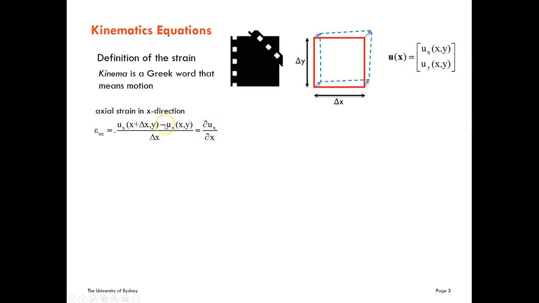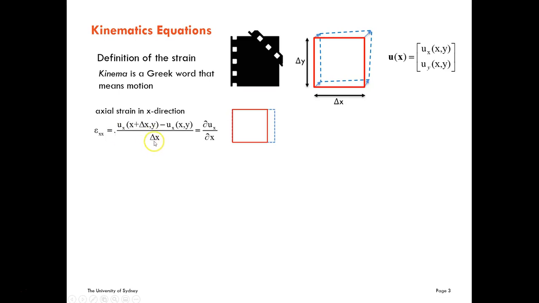What does it mean, these equations? So you have this undeformed element, and you assume that the element deformed in this way, just a stretch in the X direction. So in this case, the strain is calculated by the deformation of this side minus deformation of this side, divided by the length of the element. And then in the limit, when delta x is very small, this dot means limit.